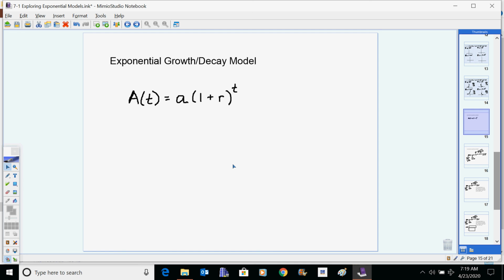And if that interest is put in once a year, you would use a function like this. It's a growth model. Or if you're losing money, then it's a decay model. Okay, and it is exponential based on the interest rate. So we're going to take a look at that.